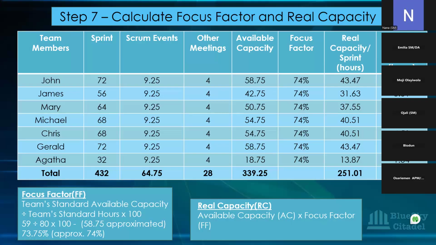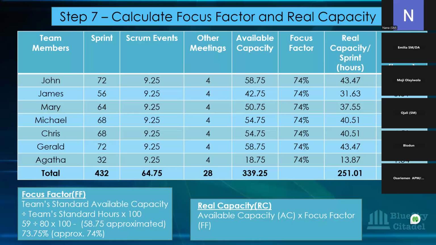Now, the available capacity for this team, for everyone, if we just look at the bank holiday, is 58.75. Remember, John and Gerard are the only ones that didn't have any individual full day off or partial day off. It's just the bank holiday, which you can't put on anybody. It affects everybody in the organization.